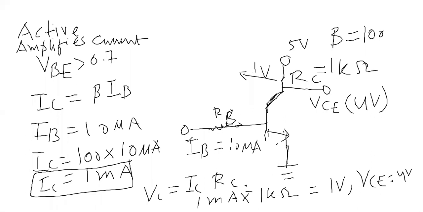Now we change the IB current. We increase VB, and we get, for example, IB as 20 microampere.